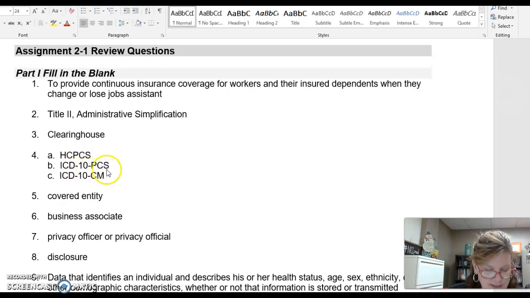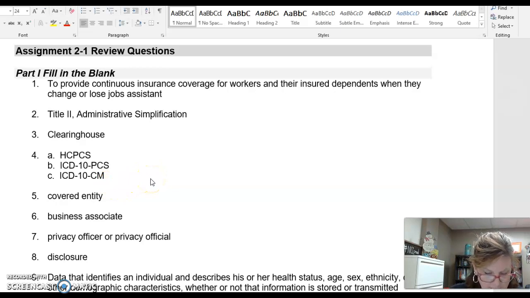Now, ICD-10-PCS, or inpatient procedures, you will not have to deal with this at all. And then ICD-10-CM are diagnosis codes. These are used as a diagnosis for a hospital, a physician office, hospice, home care. Pretty much it's a national classification system, and we'll learn about that coming up too.